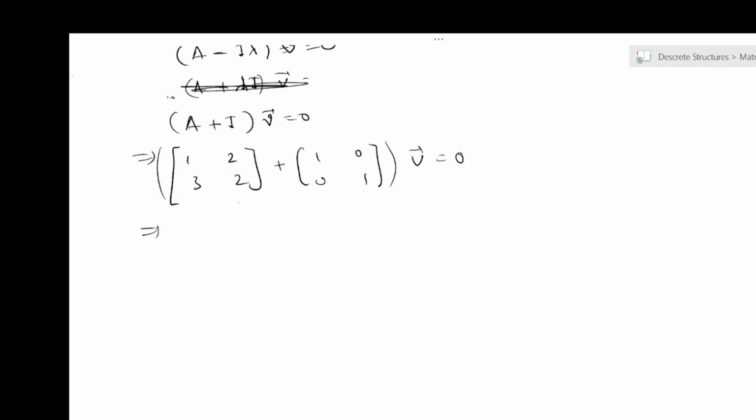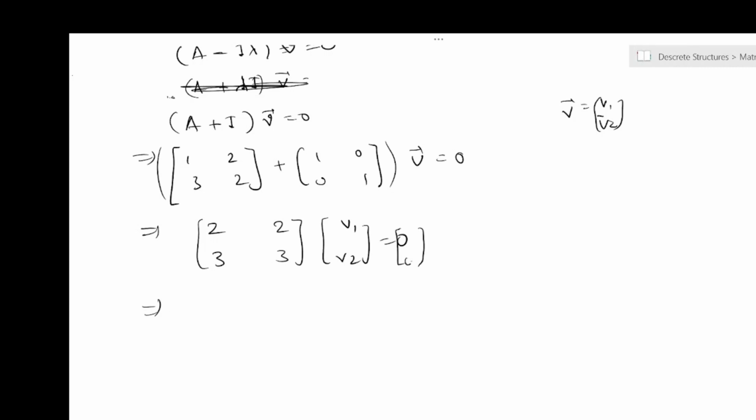This implies we are going to add both. Here we get [2 2; 3 3]. For v, I'll write v as v1 and v2, so it is [v1; v2], and this is equal to 0, which can be written as [0; 0].